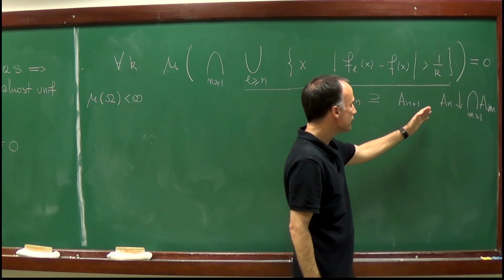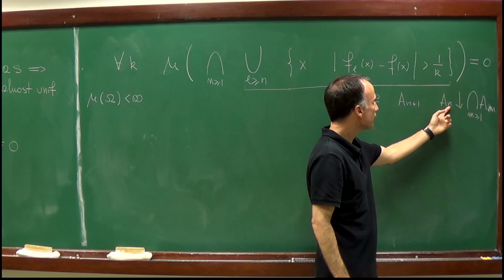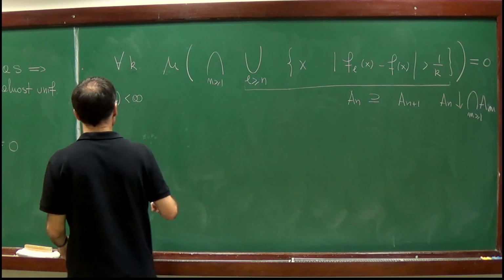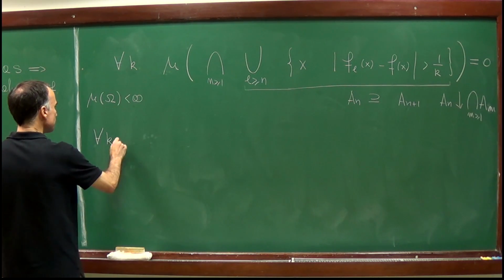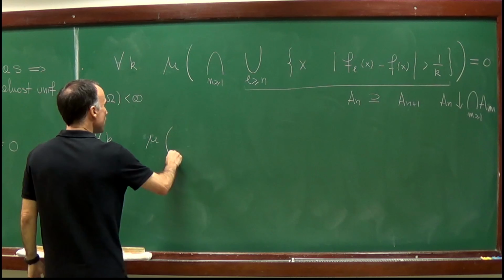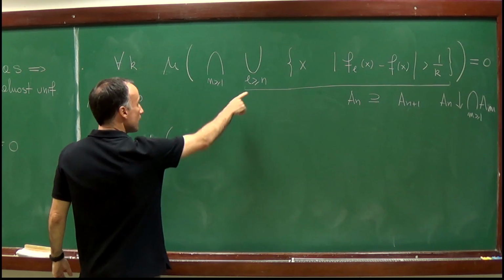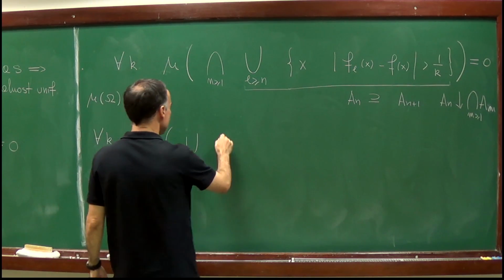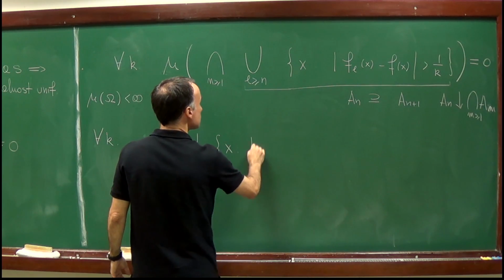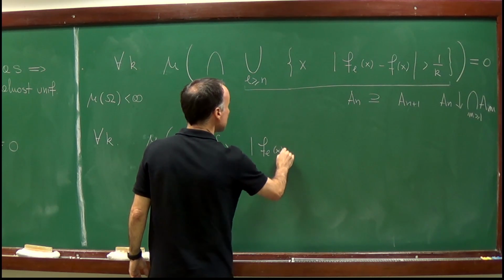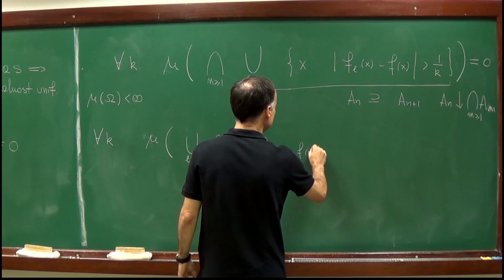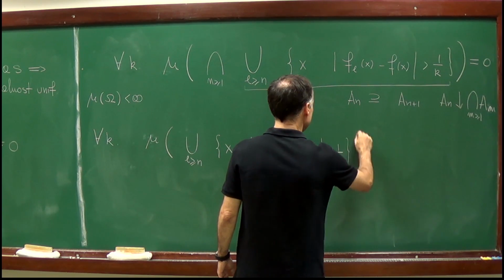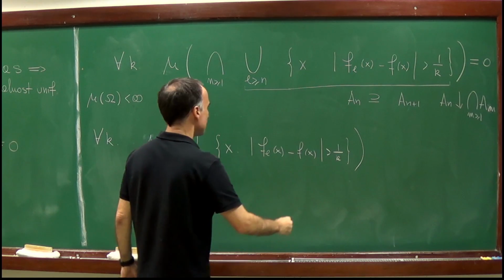Therefore, by the continuity, the measure of An is converging to the measure of the intersection, which is equal to 0, which means that for all k, the set An, which is L larger than n of all points x such that fL of x minus f of x is larger than 1 over k, is converging to 0.